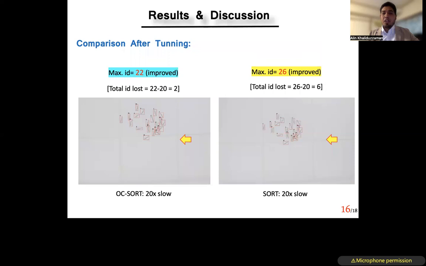Let's visualize the video after the parameter tuning, for both SORT and OC SORT. We can see that in many cases it is able to recover in both, but OC SORT performed better here.